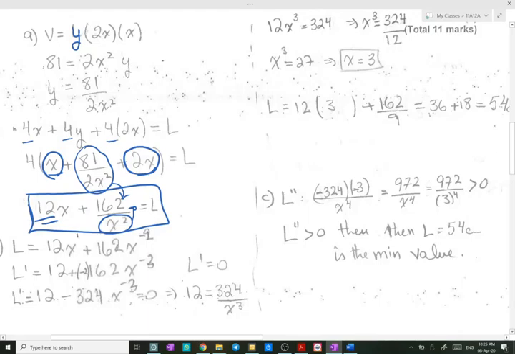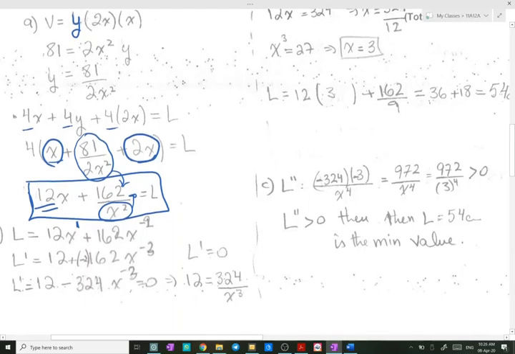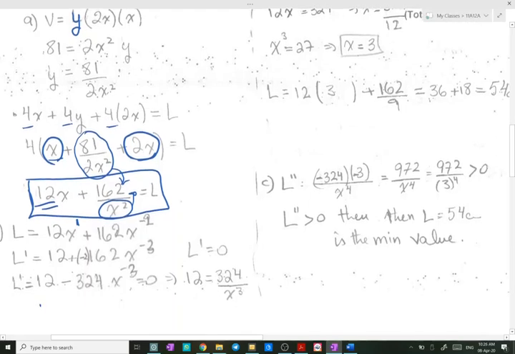Deriving is multiplying the exponent times the coefficient and then subtracting 1 from the exponent, and this is what we did here. And then we set L prime equal to 0 because they want the minimum value, and then you solve for x cubed. So here you have 12 is equal to 324 times x to the minus 3.